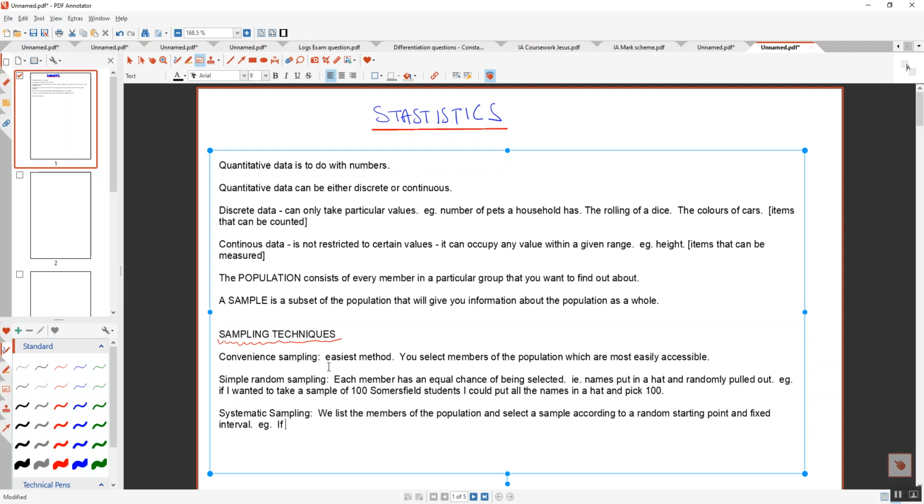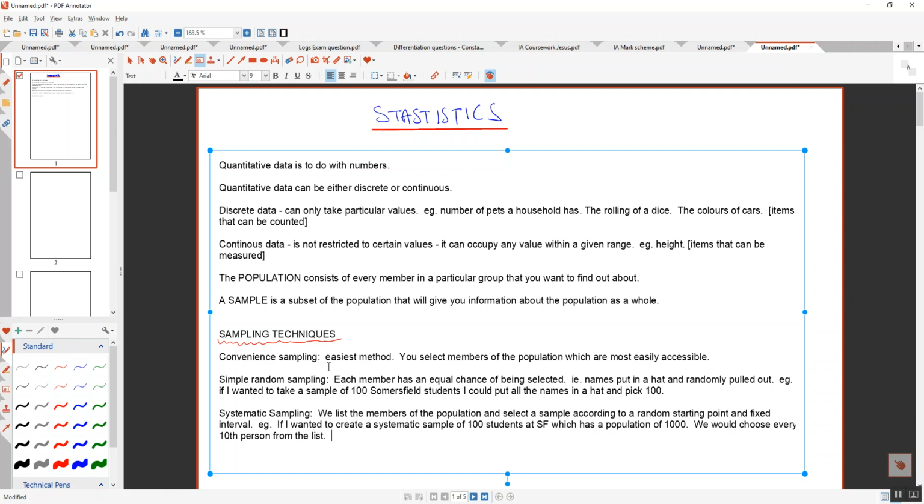So e.g., if I wanted to create a systematic sample of 100 students at Summersfield, which has a population of, let's say, 1,000, even though it doesn't, we would choose every 10th person from the list.